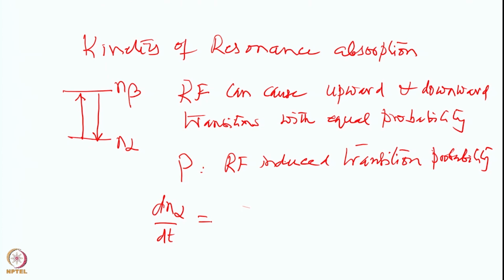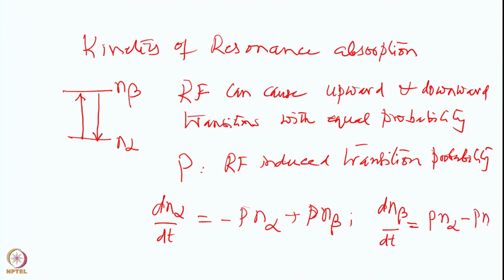So, this is first order kinetics. In chemical kinetics you already have studied this. So, minus P N alpha because it causes a depletion of the population, plus P N beta. When it causes the transition from beta state to the alpha state, it increases the population there. Okay. Similarly, I can write for dN beta by dt, this is P N alpha minus P N beta.